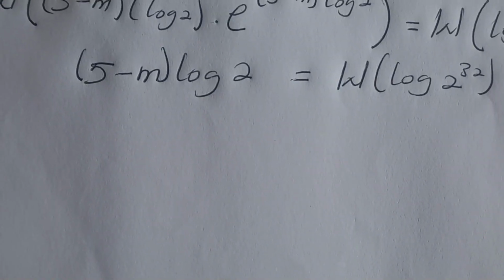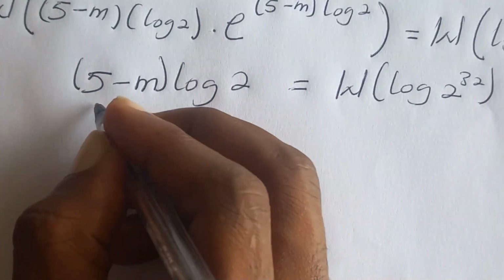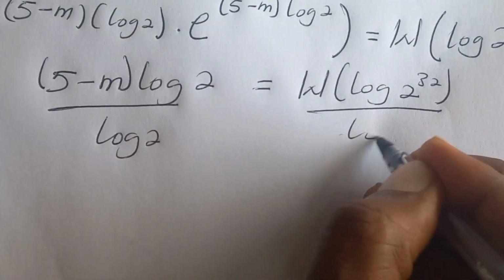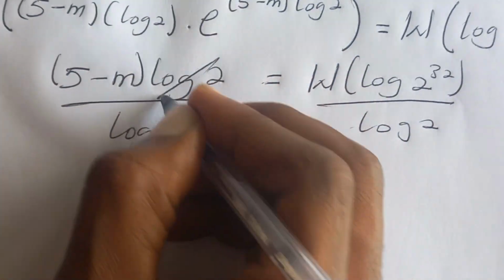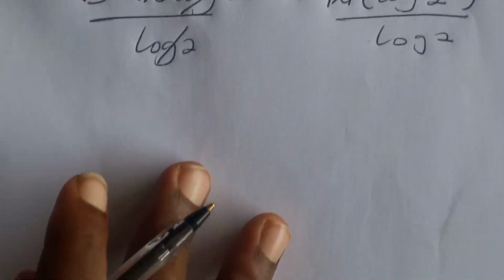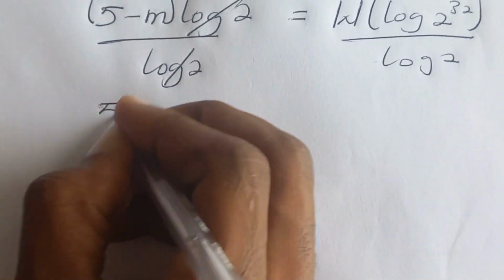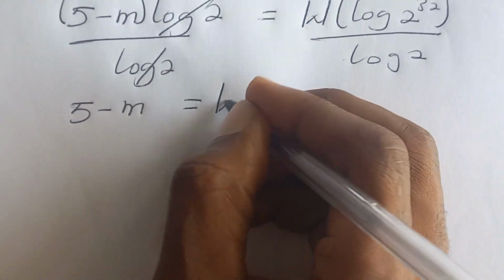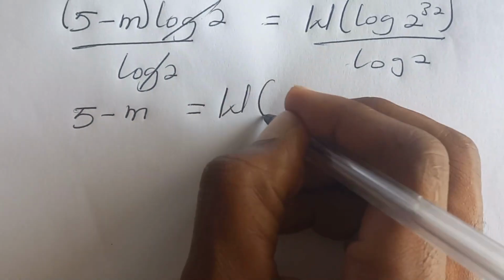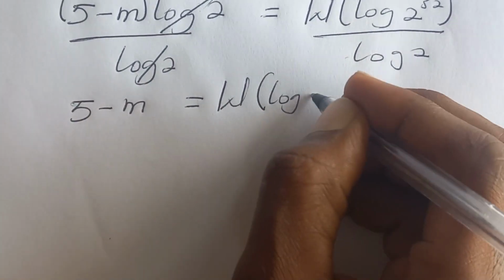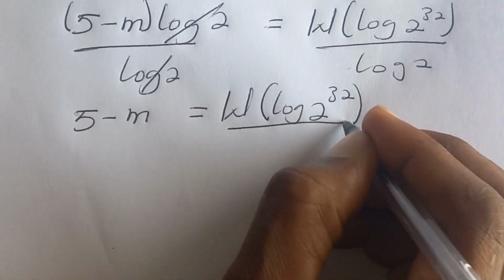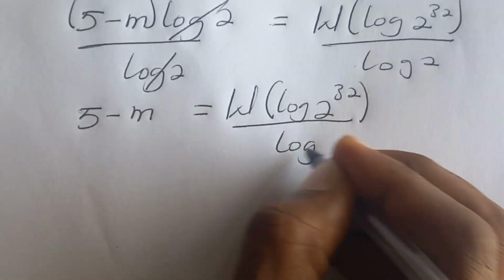So now let us divide both sides by log 2. So this one will cancel this, leaving 5 minus m is equal to the Lambert function of log 2 exponent 32 all over log 2.